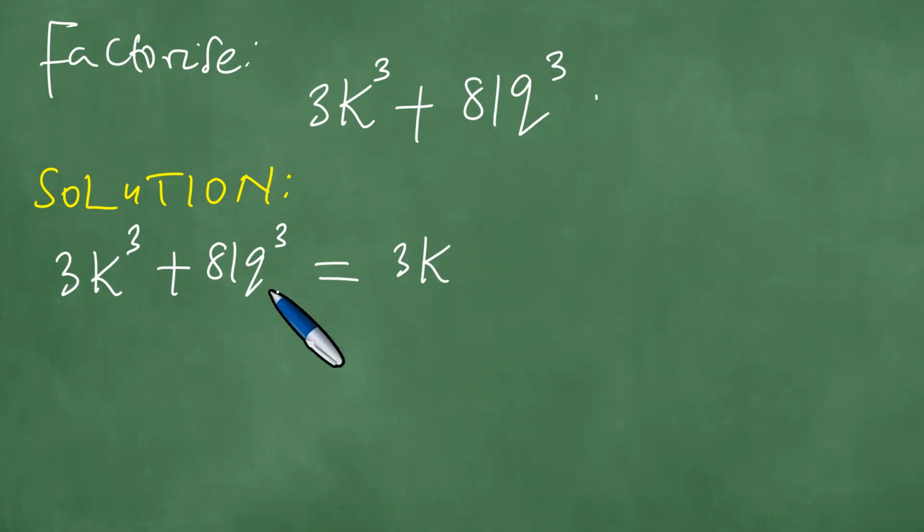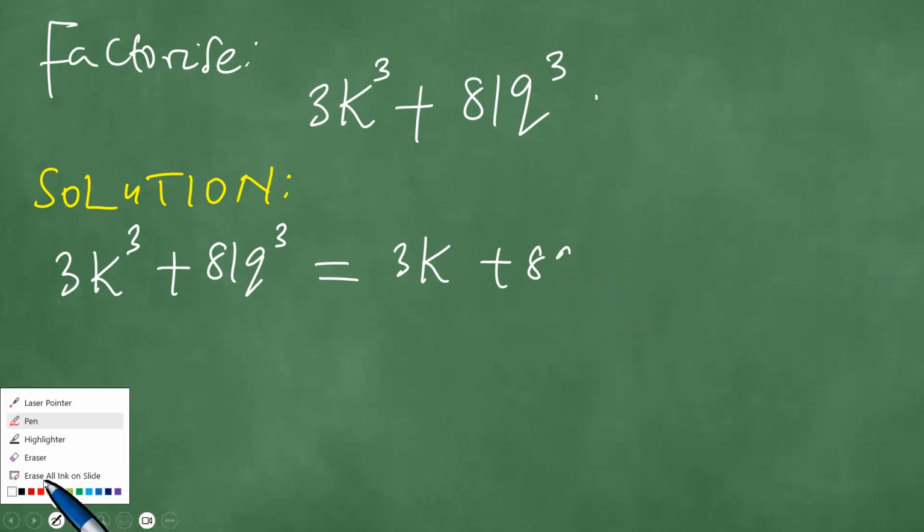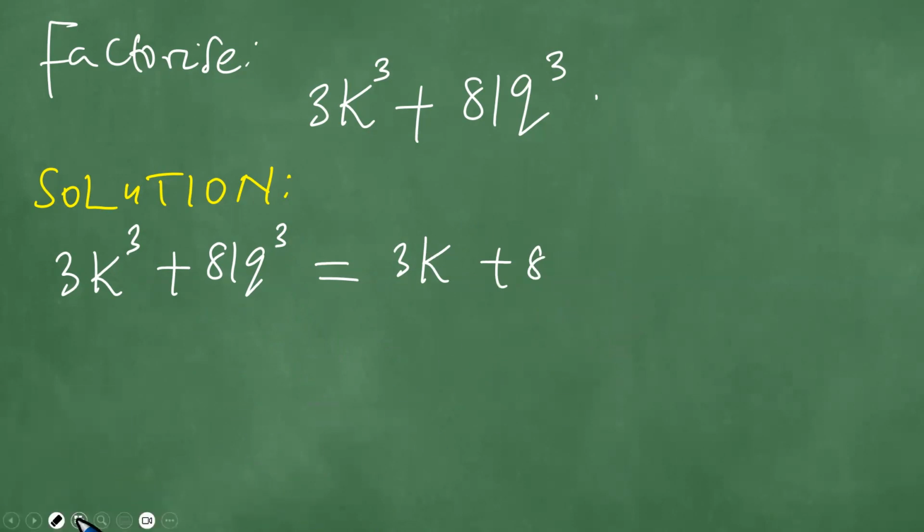Are you saying 81 cubed? No, Q. Or plus 81q. Okay, let's see. I'm trying to analyze what you're saying. So you think here we must write 81q like this? Yeah. Is it what you need to write? Yes.